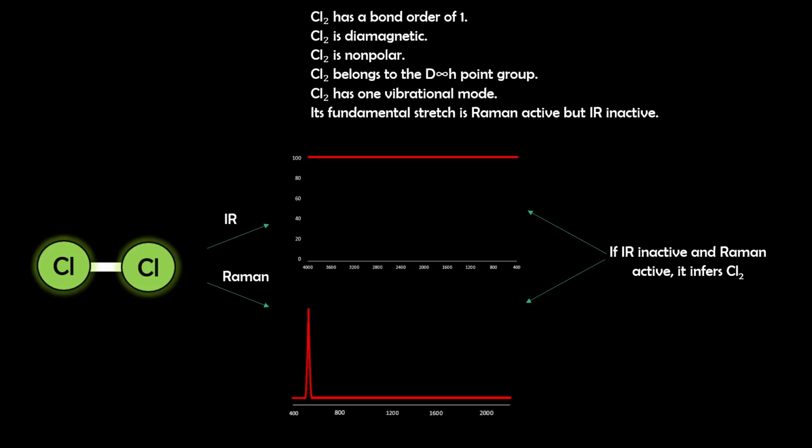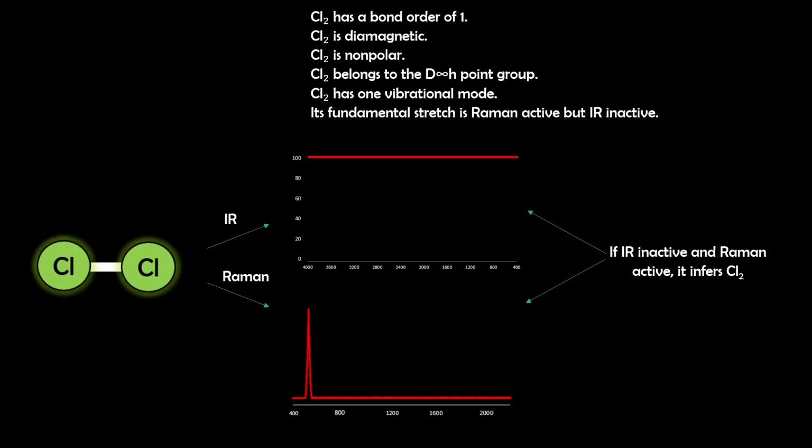So in practice, chlorine is usually detected using chemical or electrochemical methods, but this is a pretty good example to show strong evidence of Cl2. So this example shows us how Lewis structure, molecular orbitals, point groups, character tables, and spectroscopy all connect.